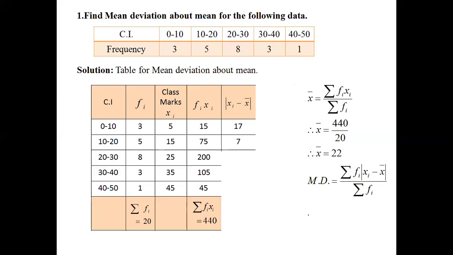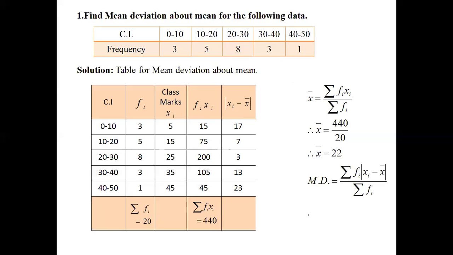Then mod of 15 minus 22 is equal to 7. Then mod of 25 minus 22 is equal to 3. Then mod of 35 minus 22 is equal to 13. And at the last, mod of 45 minus 22 is equal to 23.